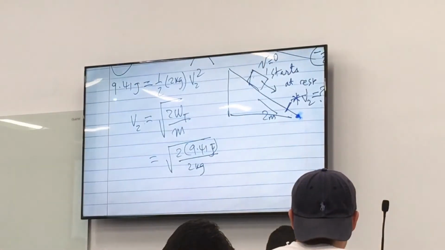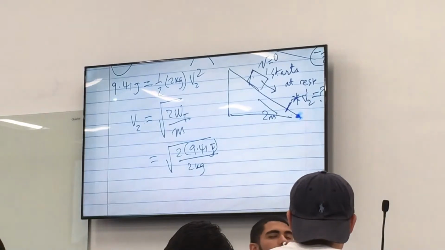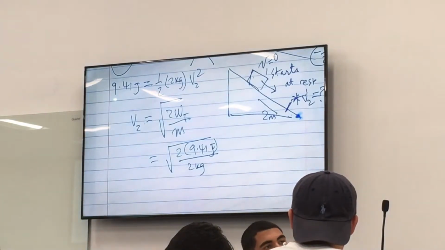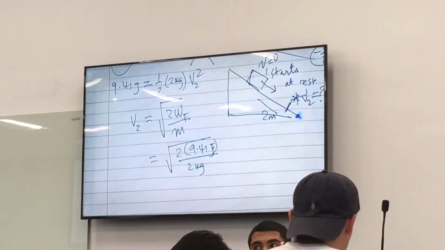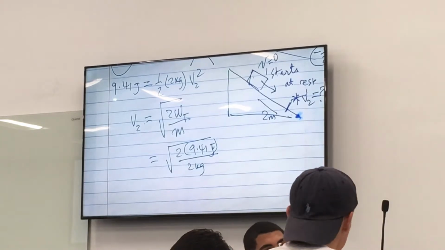How do you calculate that? Just go to the library and drop an orange, and it takes, let's say, 2.3 seconds. What is the height of the library?